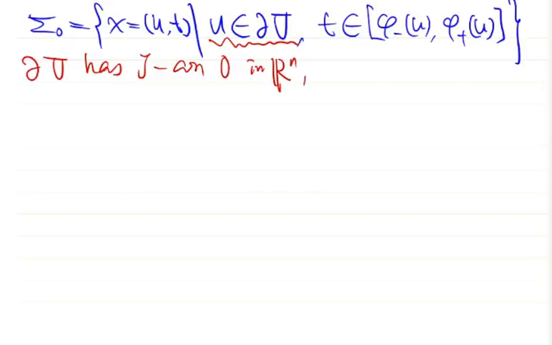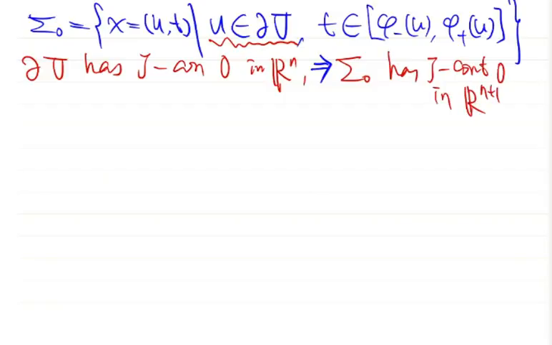This is an exercise. In our notation, U is in R^(n-1), so the boundary of U is a Jordan content 0 set in R^(n-1), and our sigma 0 is a subset of R^n that has Jordan content 0. This I left for you as an exercise.